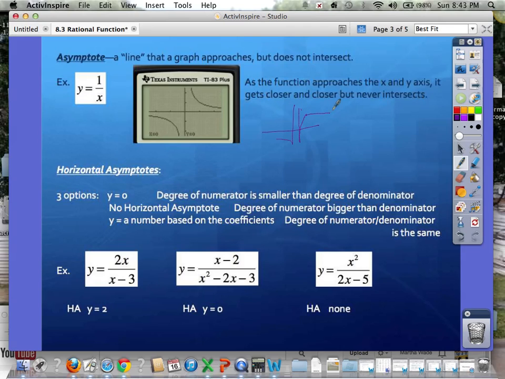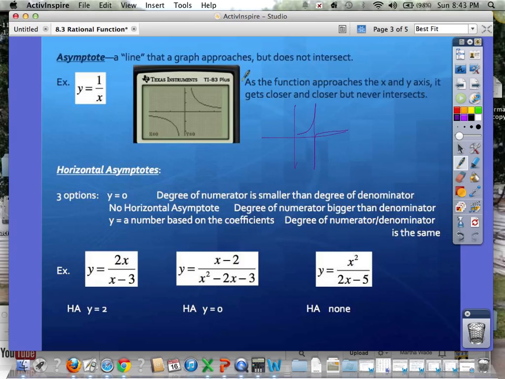You'll have a graph that'll go like this, and then it'll go like this. Something like that. It almost looks like an EKG heartbeat thing. That would be an asymptote right there, a vertical one on this particular one.